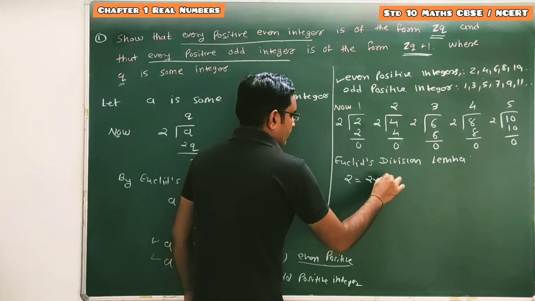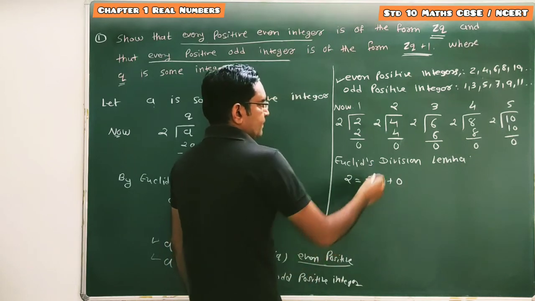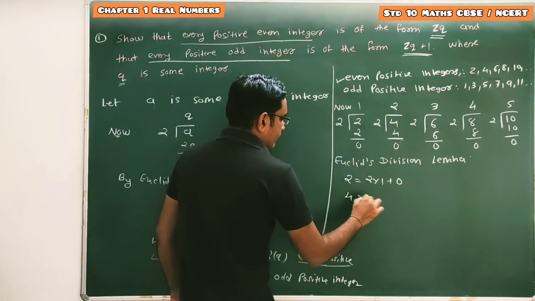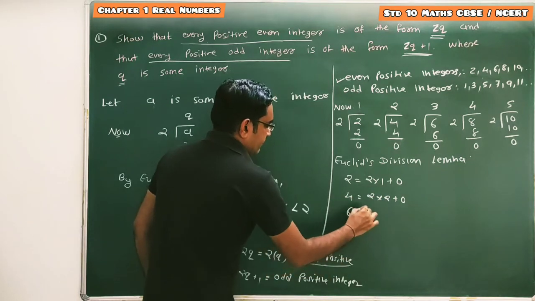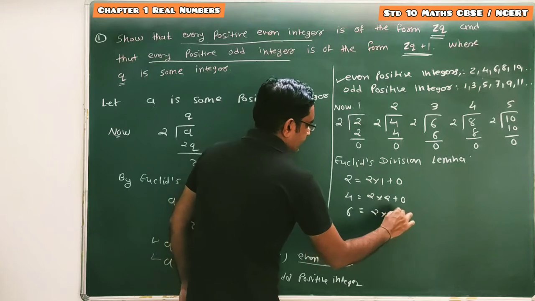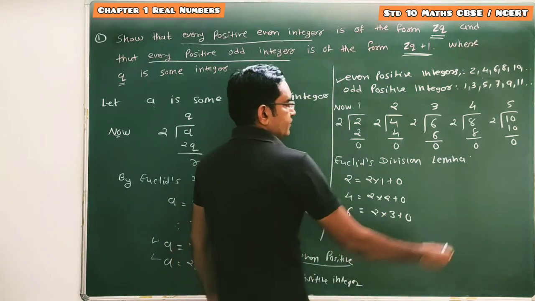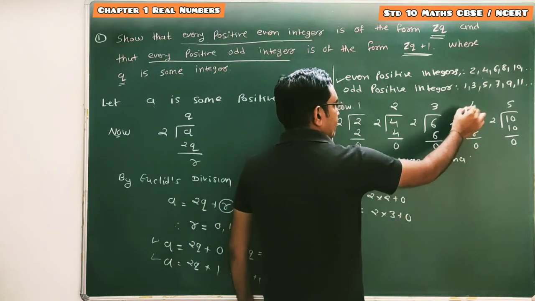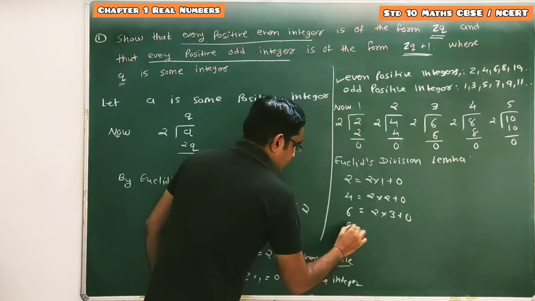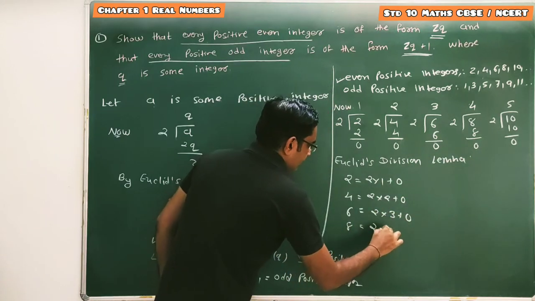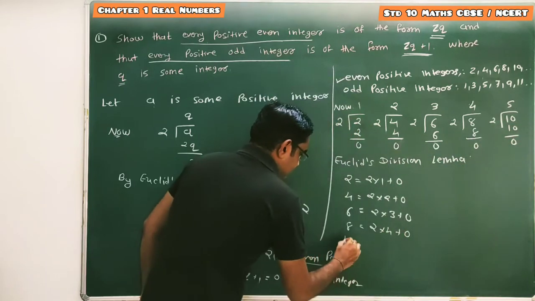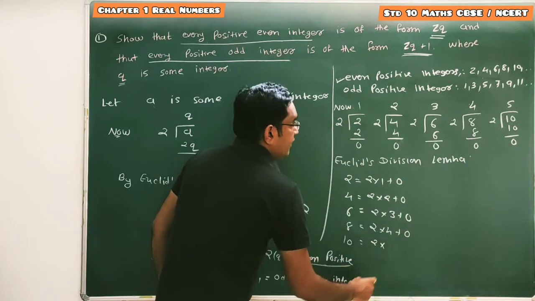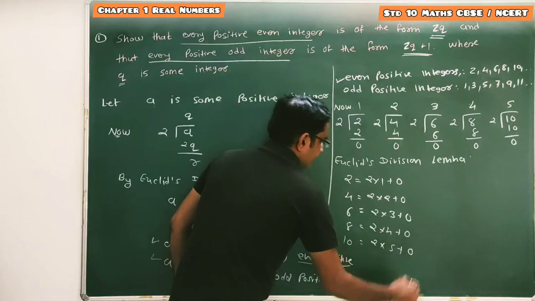So 2 equals 2 into 1 plus 0. 4 can be written as 2 into 2 plus 0. 6 can be written as 2 into 3 plus 0. 8 can be written as 2 into 4 plus 0. 10 equals 2 into 5 plus 0.